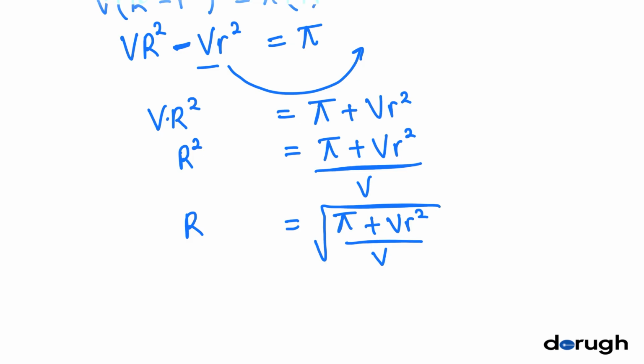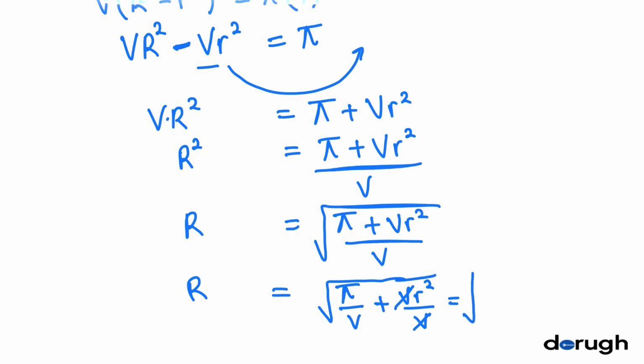Now, if this is a theory question, this is a very good way to keep it. But if it's a multiple choice question, you might not see it exactly like this. So you might see it as Raymond equals the square root of pi over V plus V red square over V. And obviously with V cancelling V, we'll have pi over V plus red square.